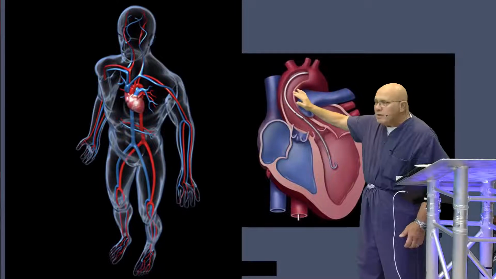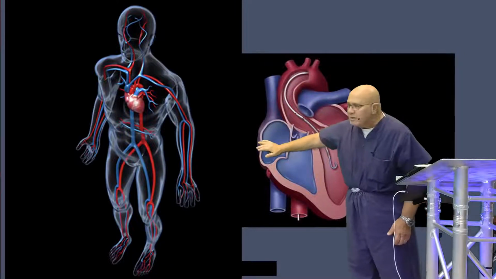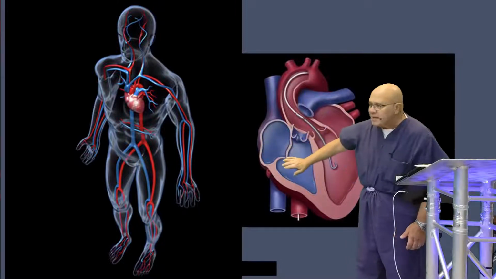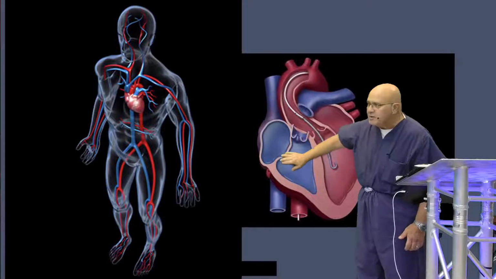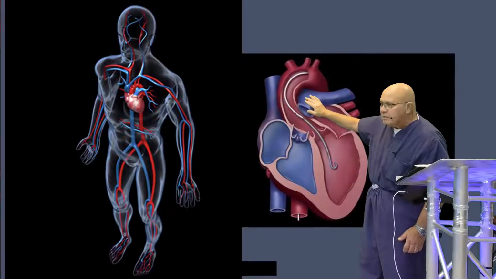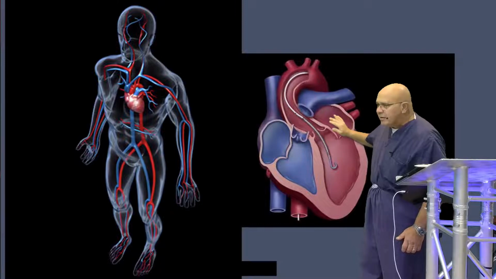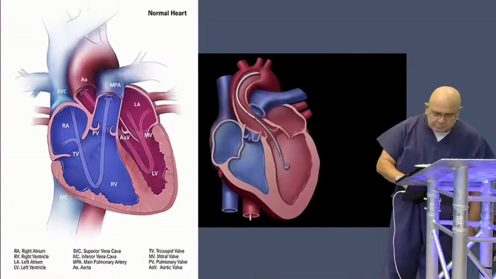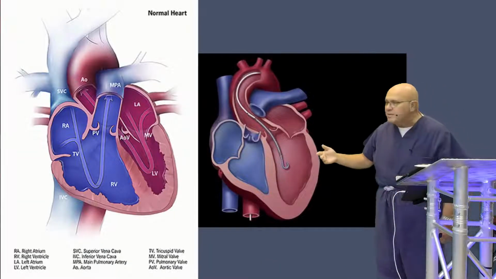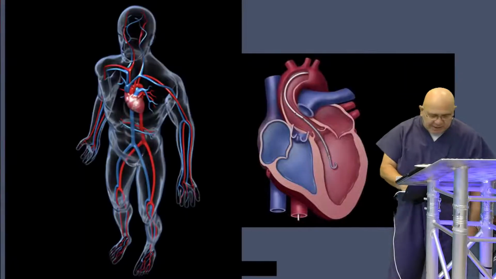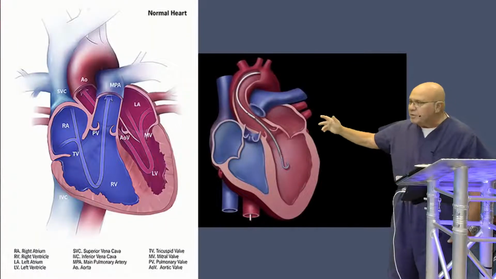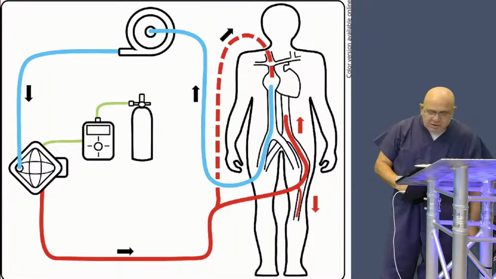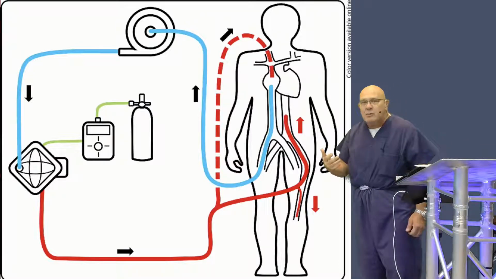With the lungs not working at all, whatever the saturation of the blood is here is going to be the saturation here, is going to be the saturation here, here, and there. Here's another representation essentially of the exact same thing, but a little better view of the heart with the various structures being mentioned there. So what can we do?